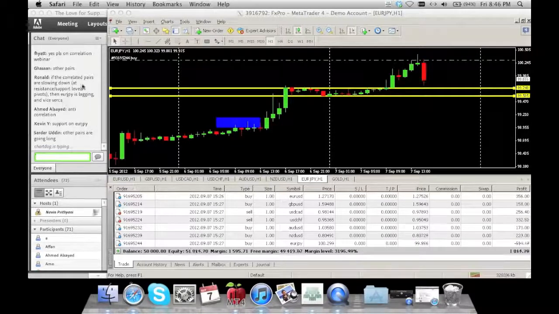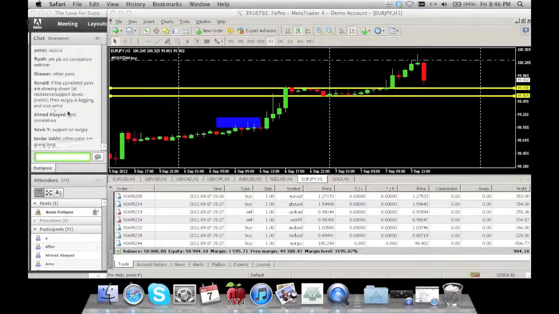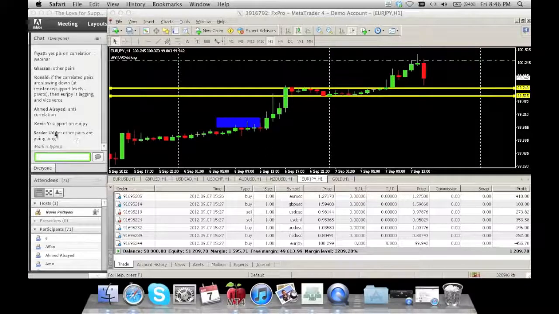Ronald says if the correlated pairs are slowing down at resistance support levels, then Euro Yen is lagging and vice versa. Ahmed says anti-correlation. Kevin says support on Euro Yen. Sardaruddin says other pairs are going long.